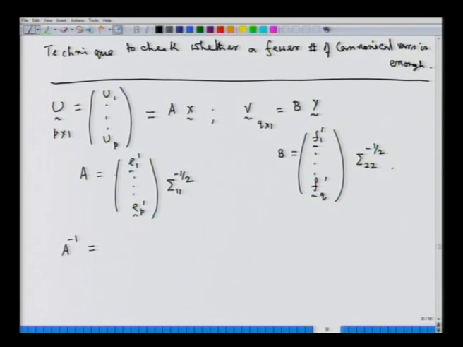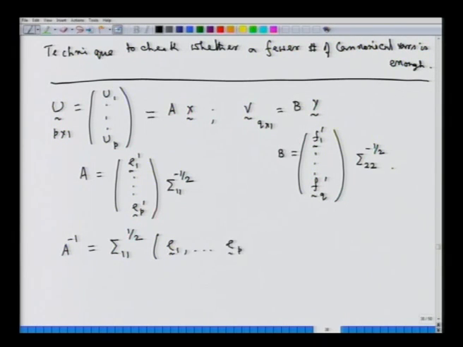Its inverse exists, and is given by sigma 1 1 to the power plus half times the transpose of that matrix, because it is orthogonal.